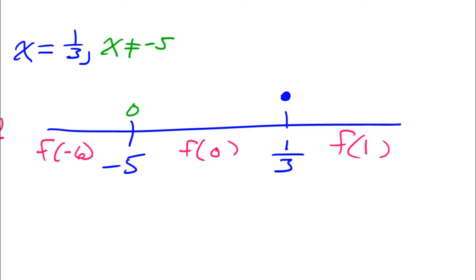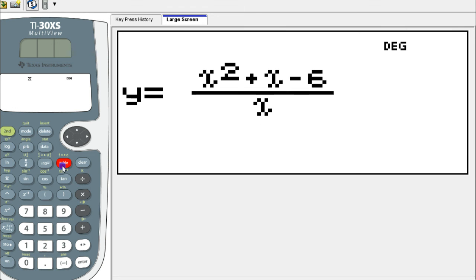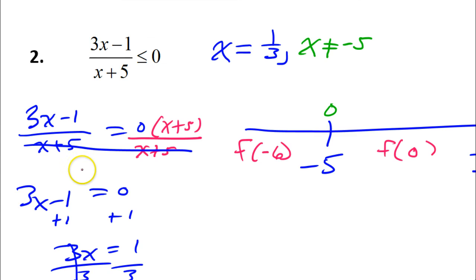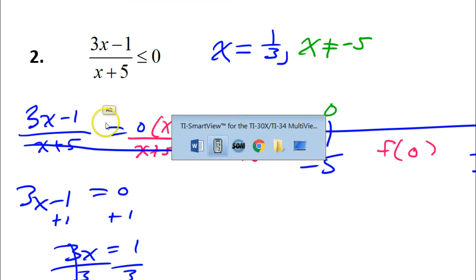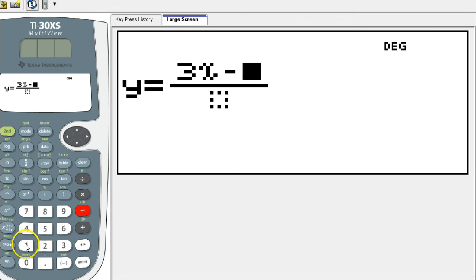All right, now, in my calculator, to help me test these out, I'm going to put the left side of this equation. So 3x minus 1 over x plus 5.